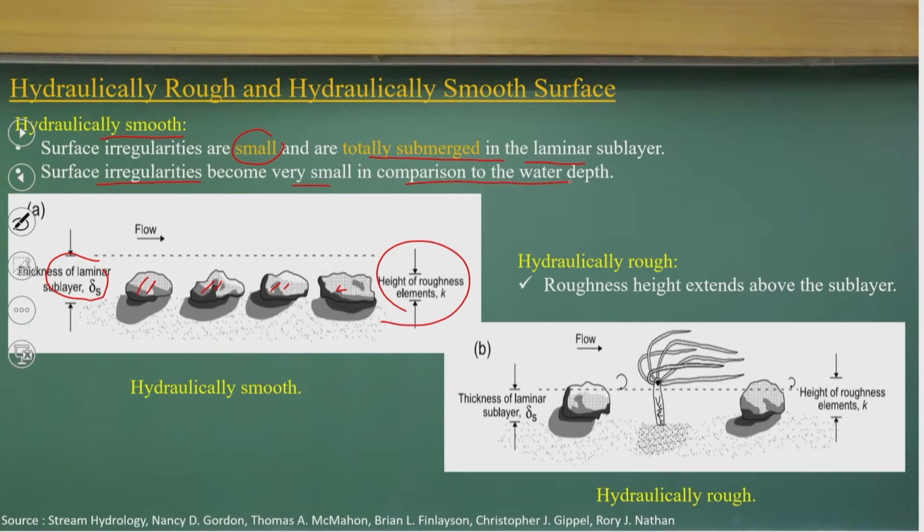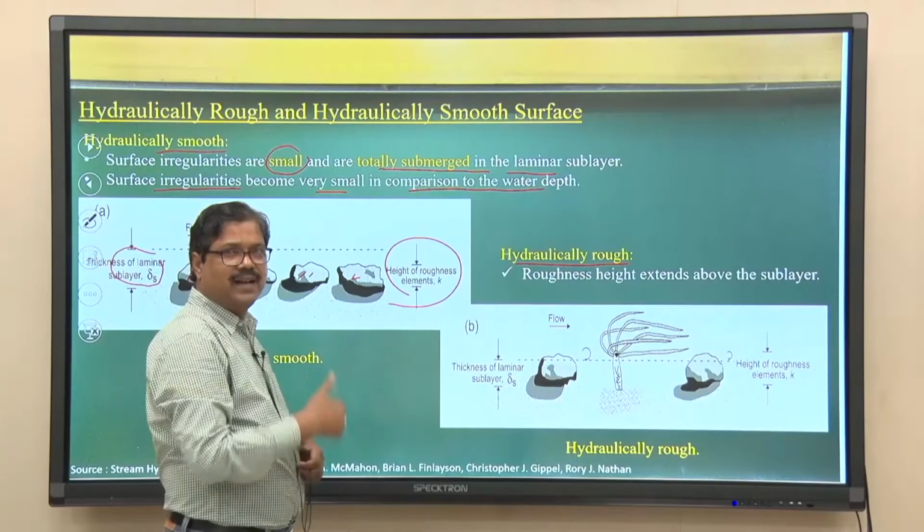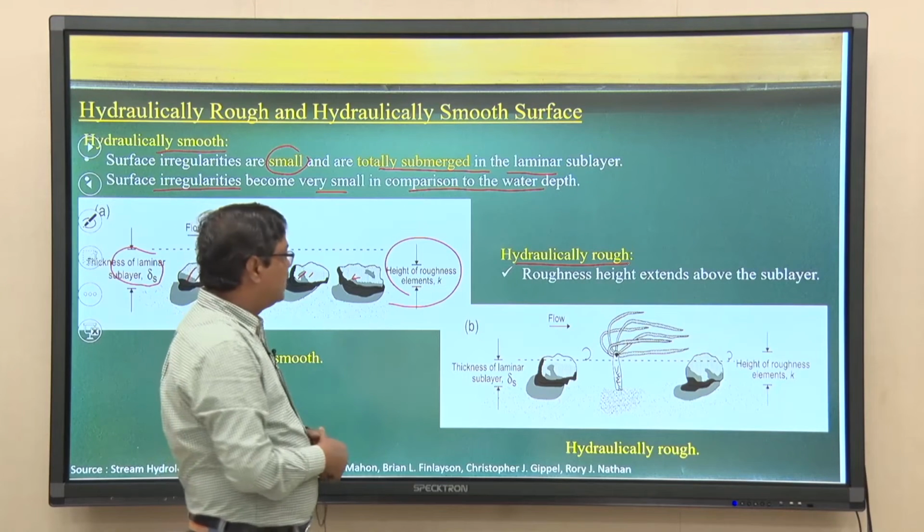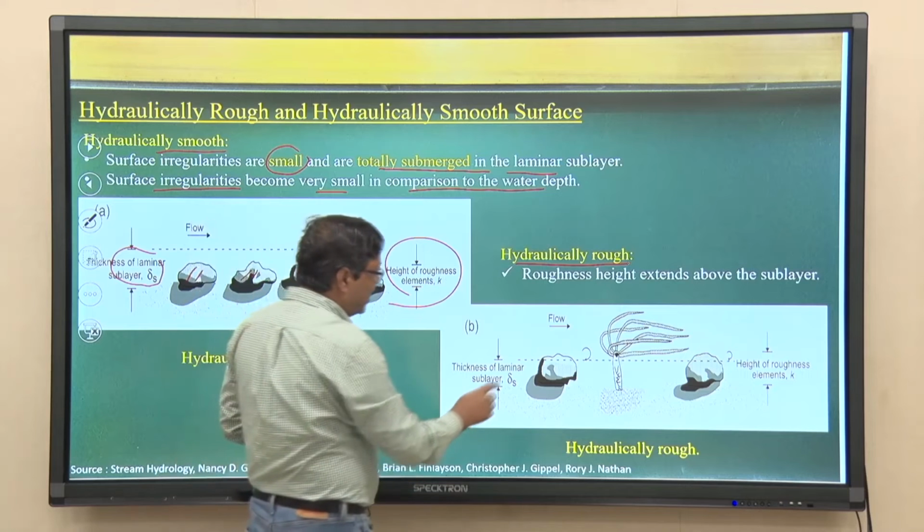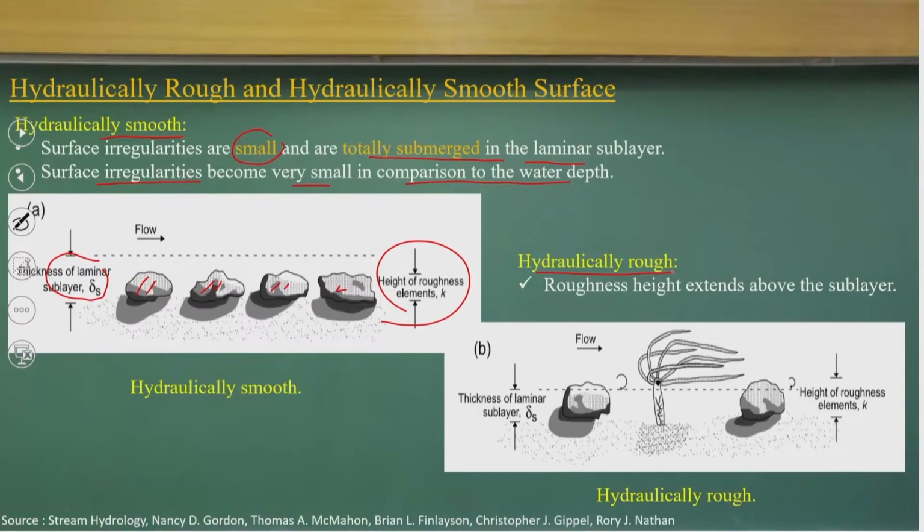But the case that so often happens in river flow is called hydraulically rough conditions. That means the roughness height is more than the thickness of the laminar sublayer.